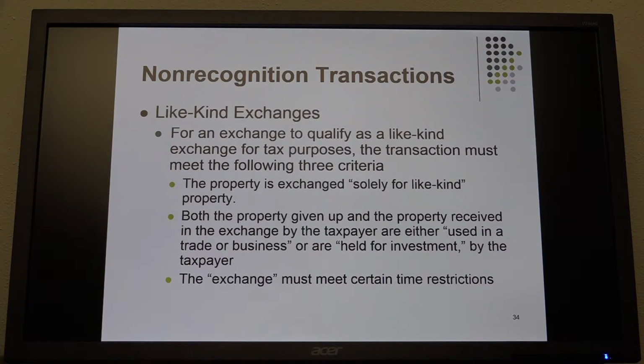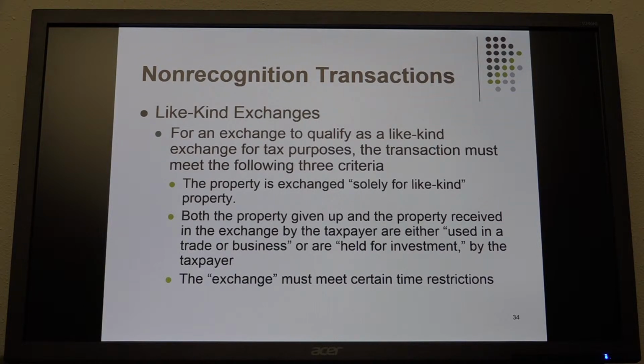And so, for an exchange to qualify as a like-kind exchange for tax purposes, the transaction must meet the following 3 criteria. The property must be exchanged solely for like-kind property.